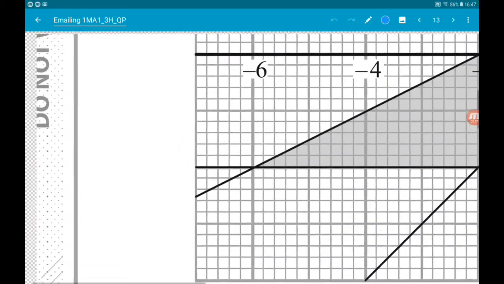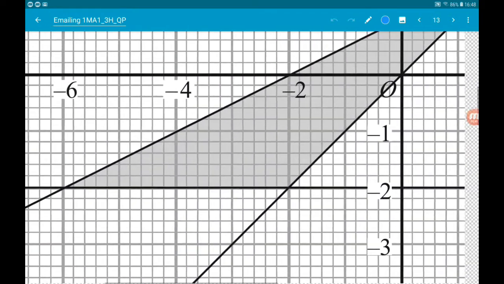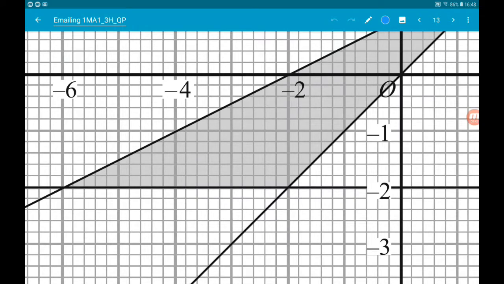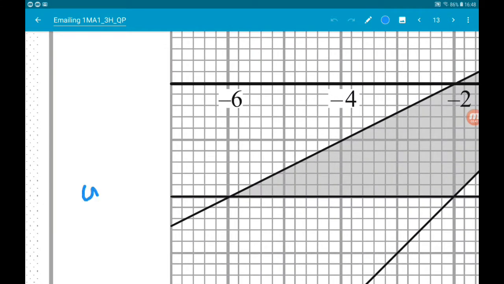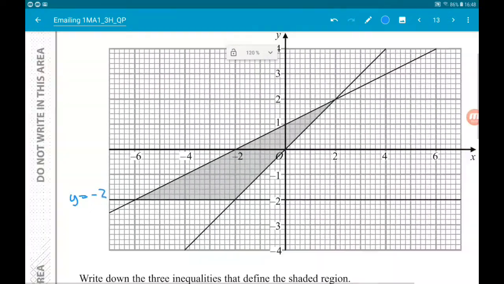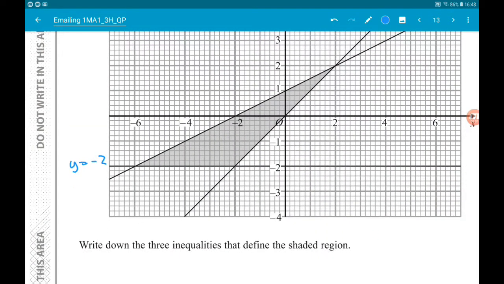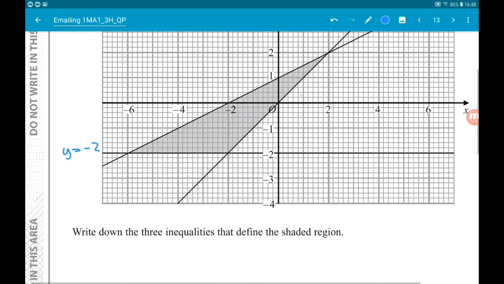So this horizontal line is y equal to minus 2. Now the shaded region is above that line, so the first inequality is that y is greater than or equal to minus 2.